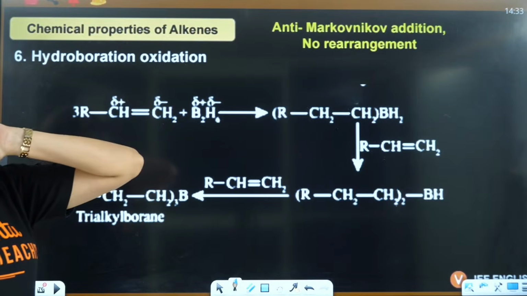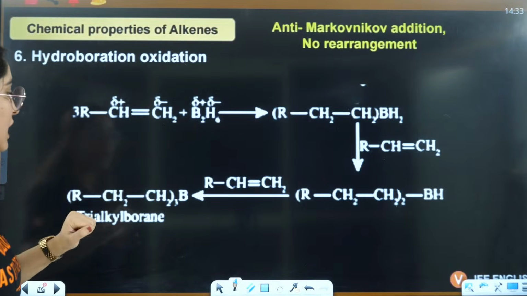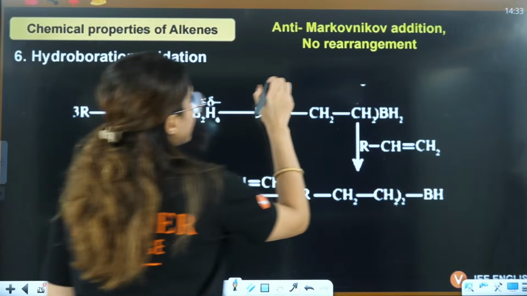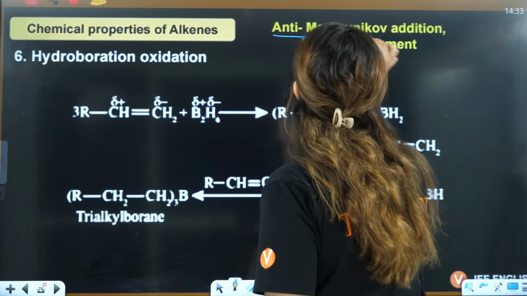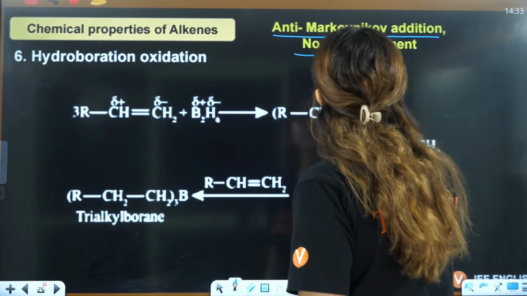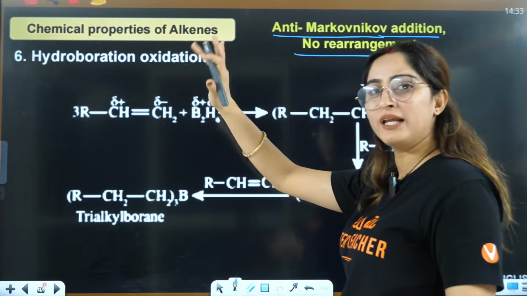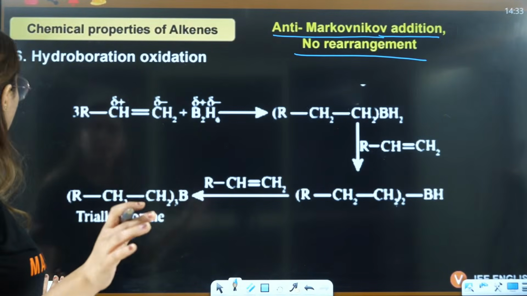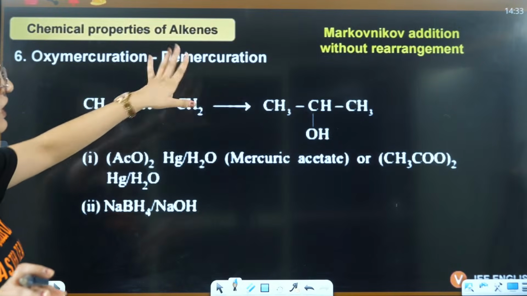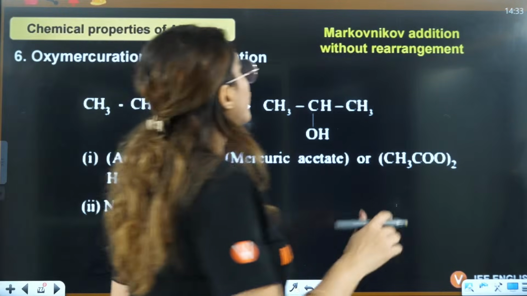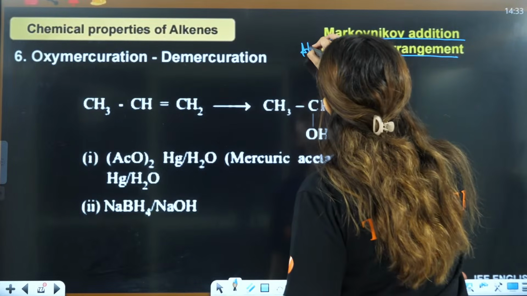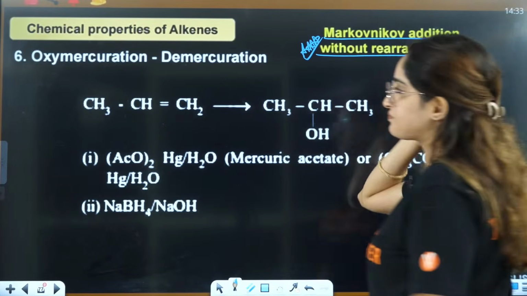Hydroboration oxidation, everybody. The mechanism I will tell you later; firstly let's see what is happening. Here it is anti-Markovnikov addition, no carbocation, no rearrangement. In case of oxymercuration-demercuration, very important, it is Markovnikov addition without rearrangement.